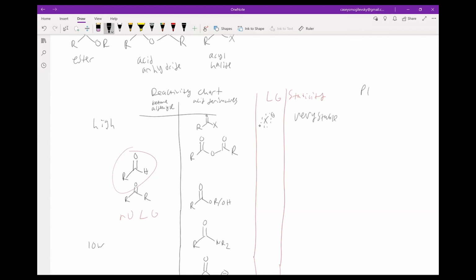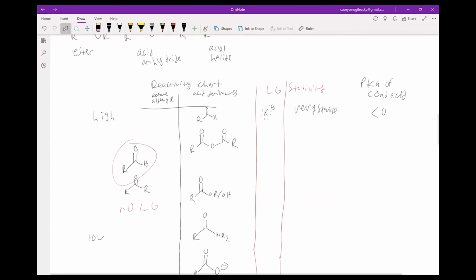The pKa of the conjugate acid is less than 0. Very, very strong acids. Similarly, a deprotonated carboxylic acid is your leaving group for this one. So stable.